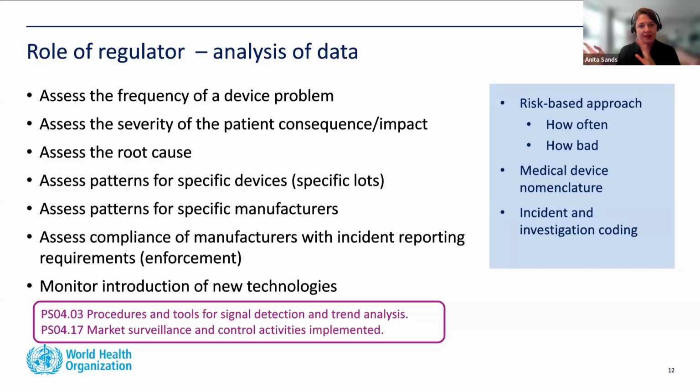Looking for specific patterns, so patterns across specific devices, specific lots, specific manufacturers, because sometimes there might be a design issue related to a particular device. It might just be a lot issue where just that lot or those serial numbers were not good for some reason. That often comes when you have big orders and you need to all of a sudden turn around a large order.